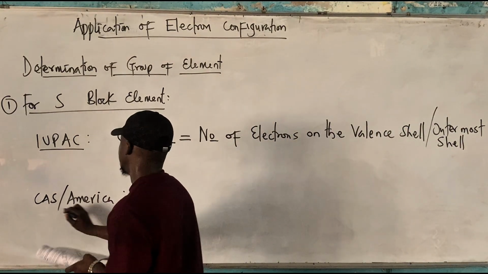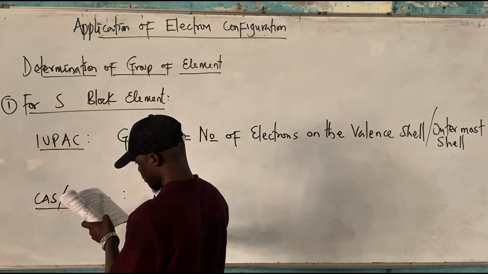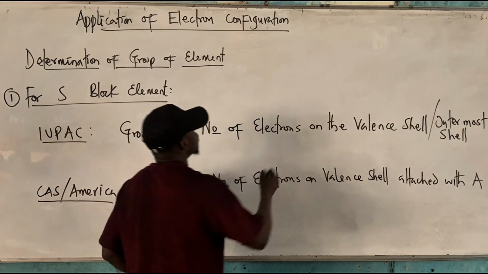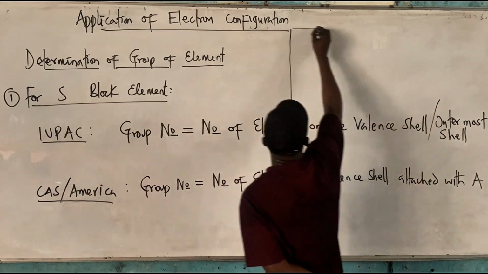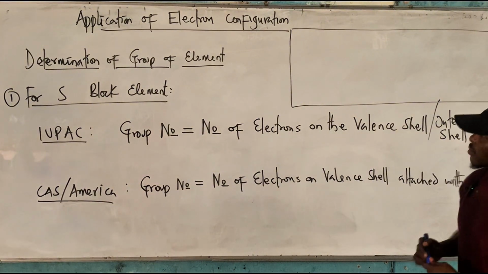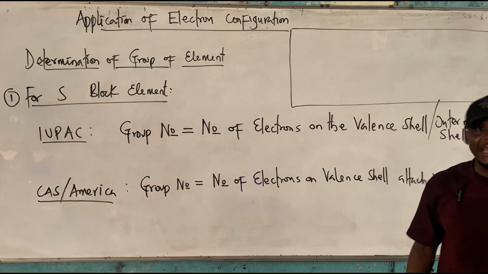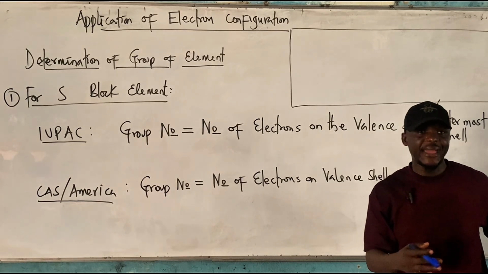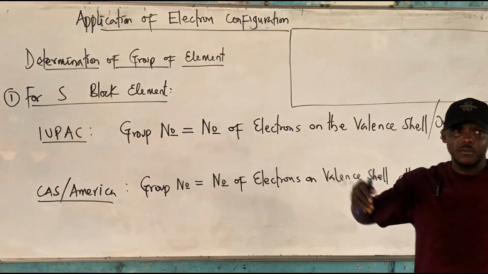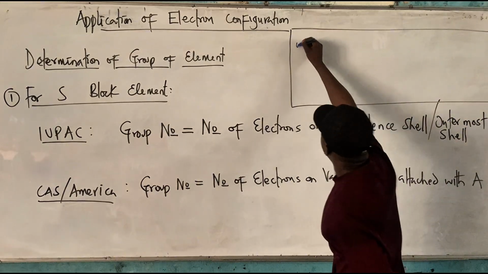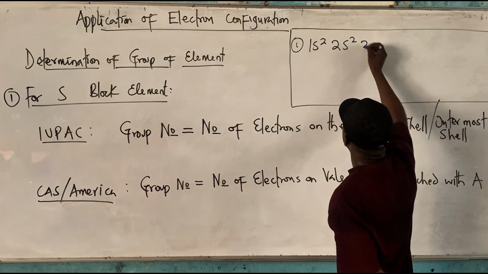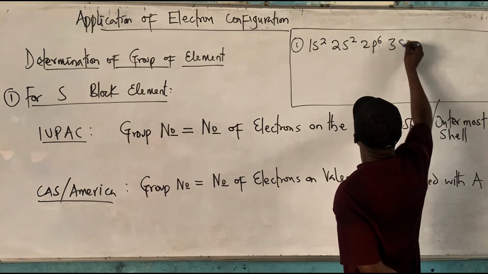Now for this guy, I'll use one side of the board to do the example. I don't want to clean this. So for S block element, remember I said if you're asked to give the group of an element, first check whether that guy is in S block. Let's say, for example, I have an element with electronic configuration 1s2, 2s2, 2p6, 3s1.